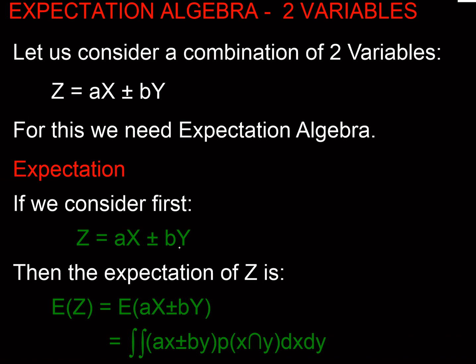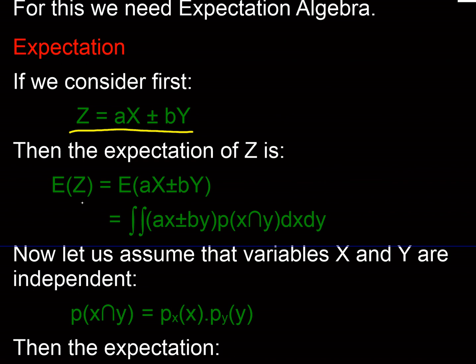Okay, so let's consider a Z, which is aX plus or minus bY. If we therefore want to find our expectation of that, we just need to find our expectation of this expression here, aX plus or minus bY.